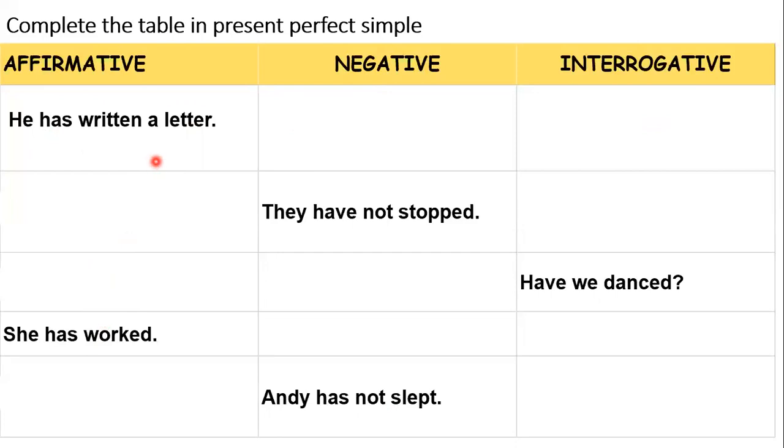You are required to give the other two forms of the sentence. He has written a letter. They have not stopped. Have we danced? She has worked. He has not stopped. Okay, please pause the video, do the exercise, and come back for the correction.